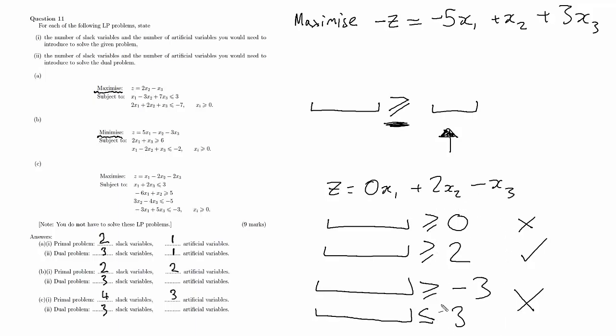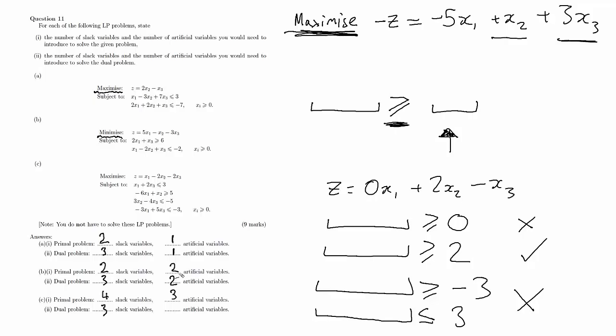This is exactly the same as the number of positive numbers that appear in the objective function when it's written in the maximized form. So for part B, we just have to count the number of positive coefficients in the objective function. We've got here 1 for x2 and 1 for x3, and so we're going to introduce two artificial variables in the dual problem.